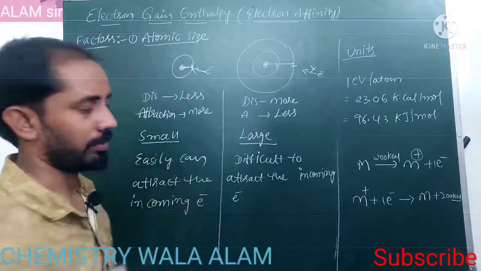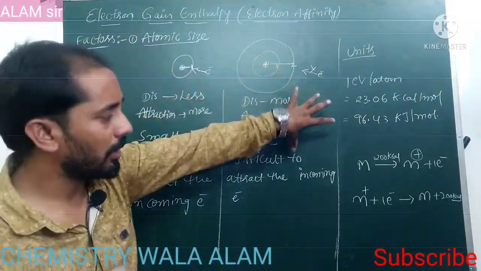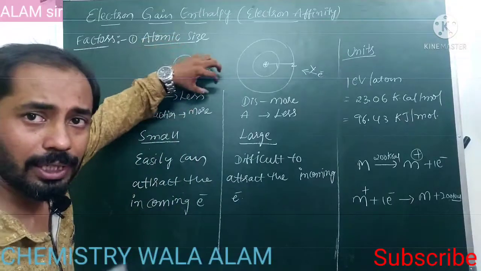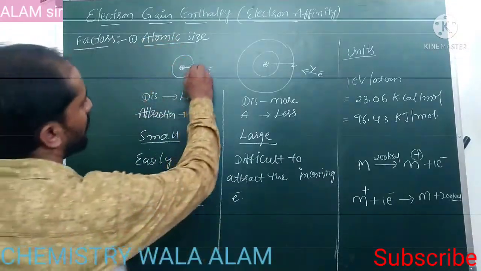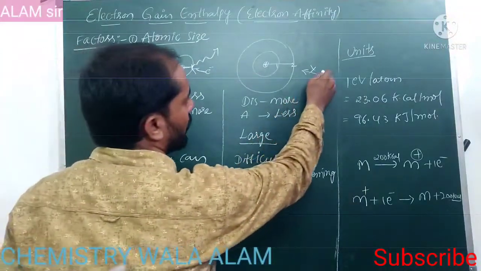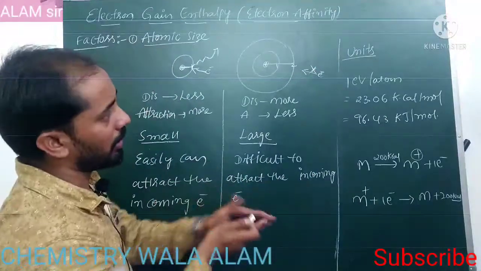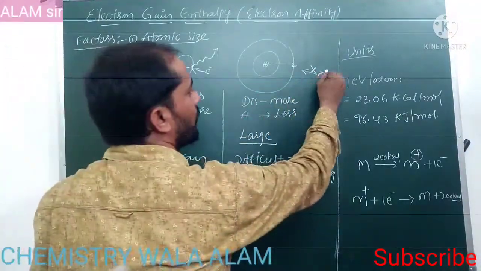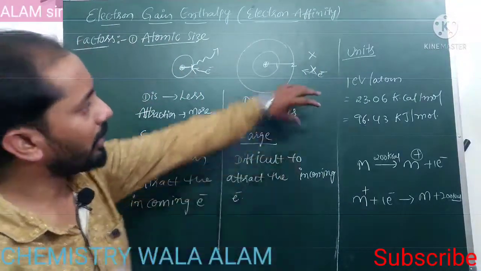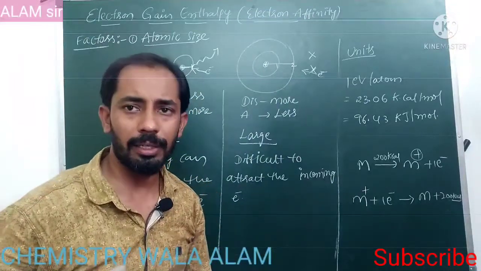So what happens when it attracts more, and when it is difficult to attract? When attraction is more, it can easily gain the electron, and when it easily gains an electron, more energy is released. If it is difficult, the electron adding process is very slow or none, so energy is not released, or if it is added, less energy is released. Clear?